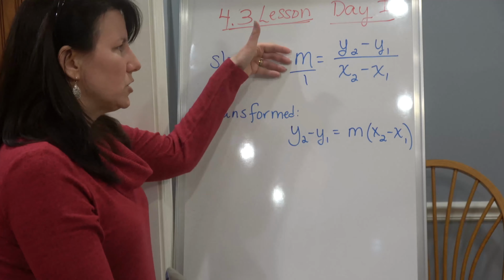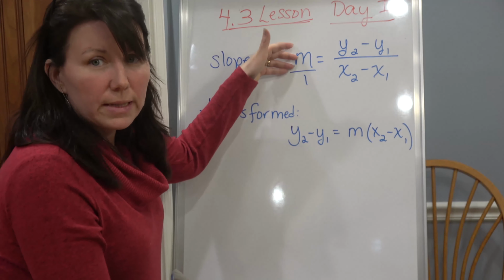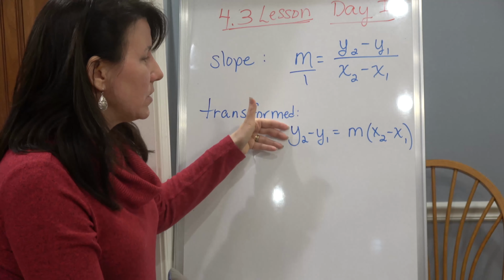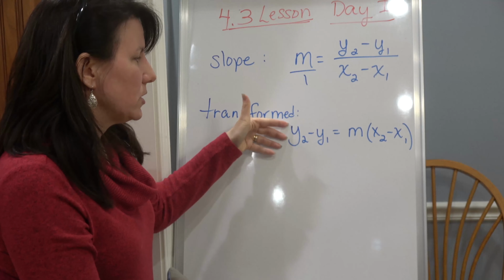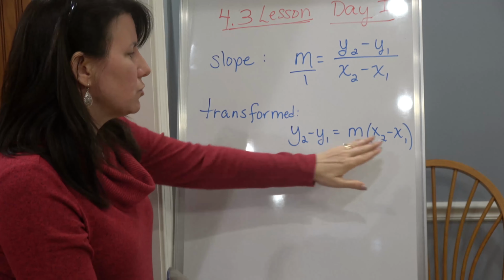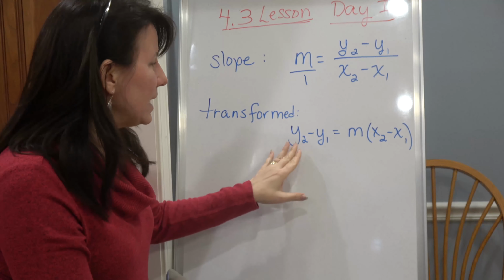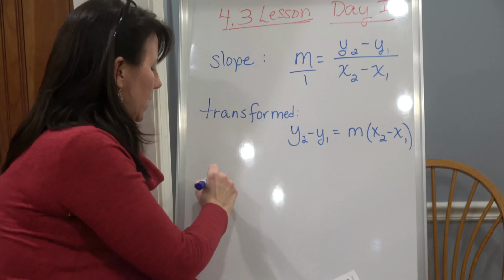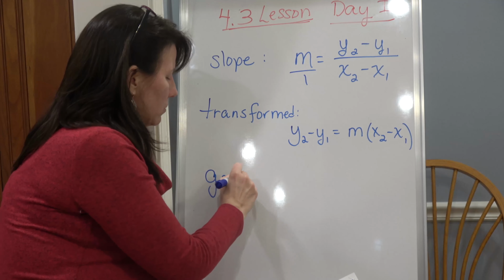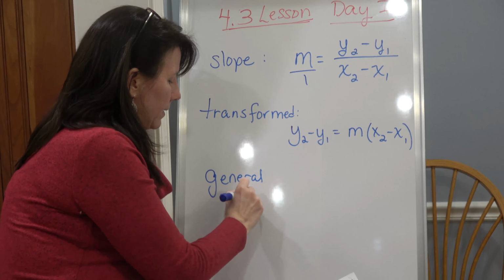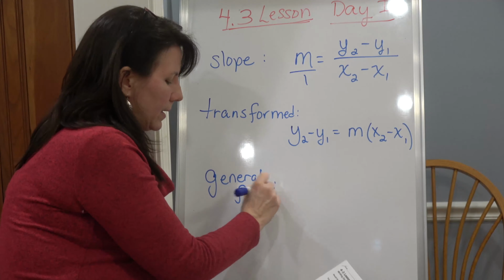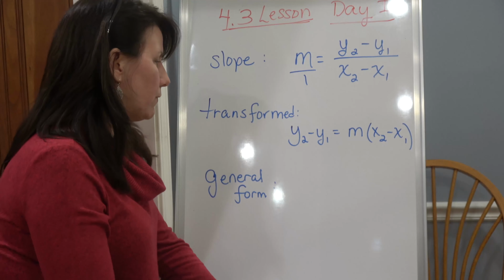So if this equation is true, which of course we know it is, then this equation is just a transformed equation. And this is true for any pair of points. And because it's true for any pair of points, we can write it in what we call the general form. And this is called the point slope form.